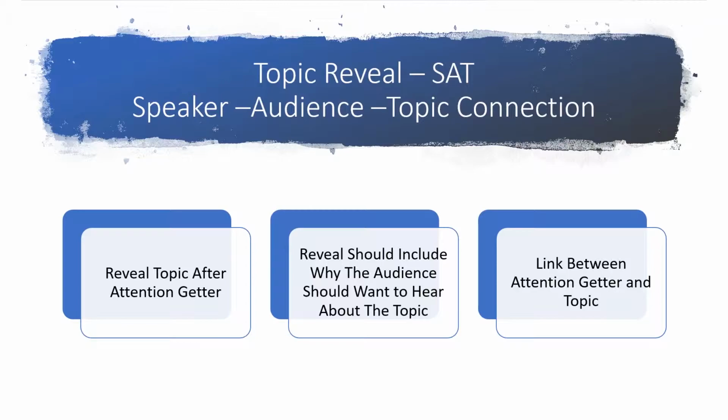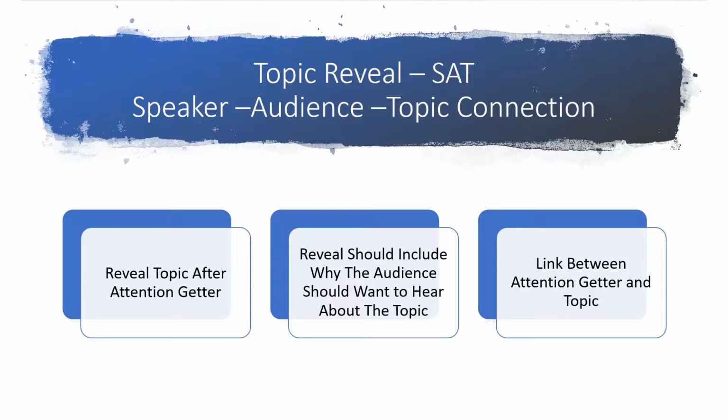So if I'm talking about global warming, they should want to learn about it because it may impact their children's lives, it may impact the quality of our water, it may cause floods. There's all kinds of things where global warming may impact my audience. But I want to make sure pretty much as soon as I reveal the topic, I have revealed to them why they should care about this topic.